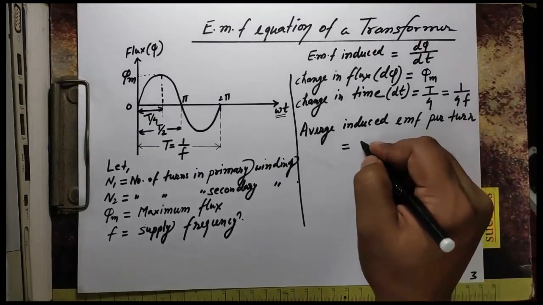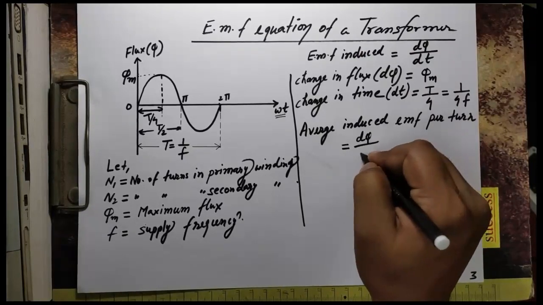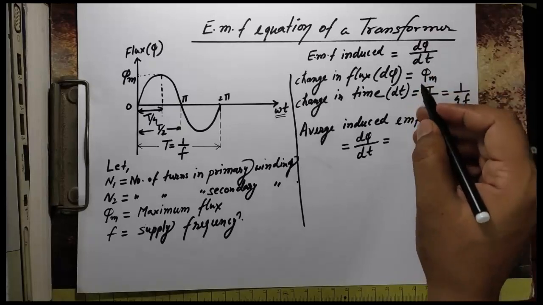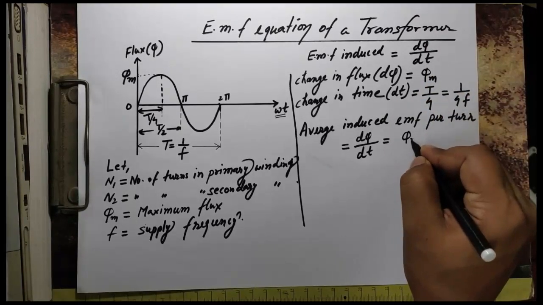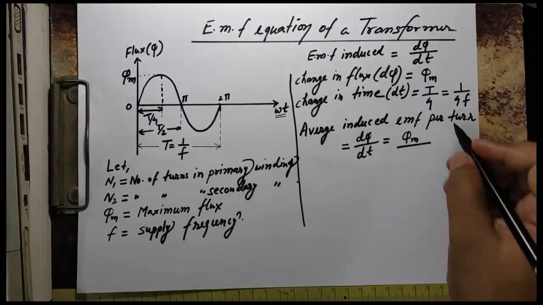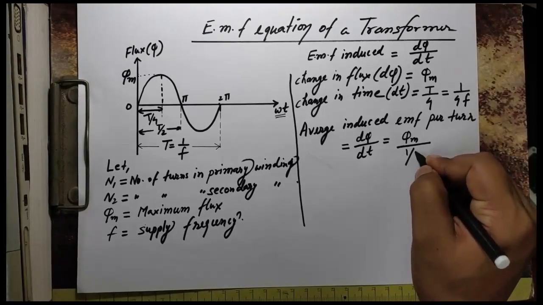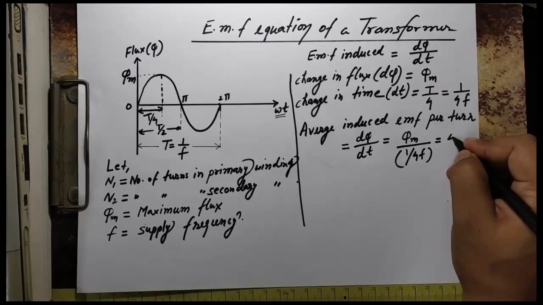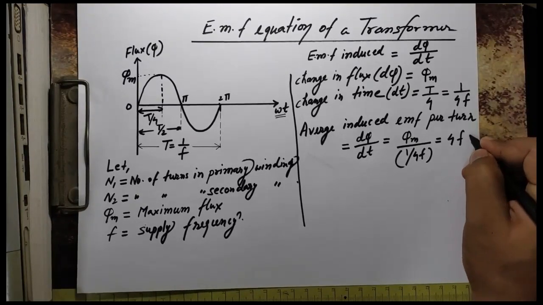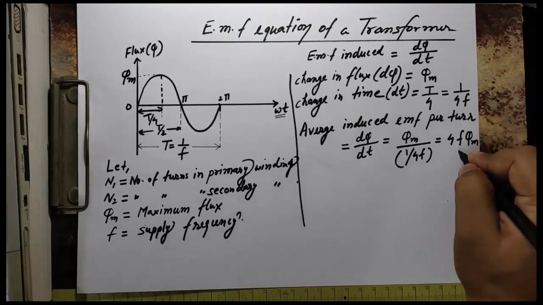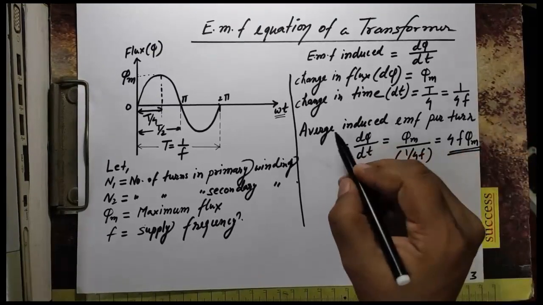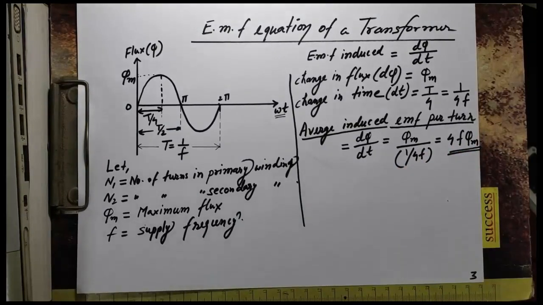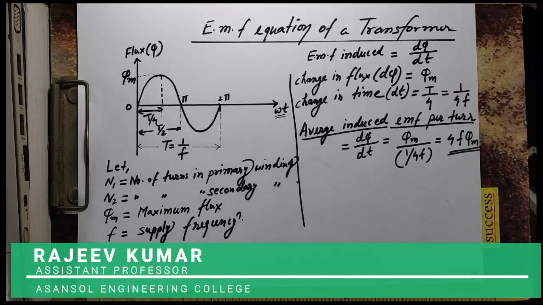It will be d phi by dt, the rate of change of flux. Put the value: d phi is phi m divided by dt, and dt is 1 by 4f. So this is 1 by 4f. Okay, so it will ultimately give us 4f phi m. So this is the average induced EMF per turn.